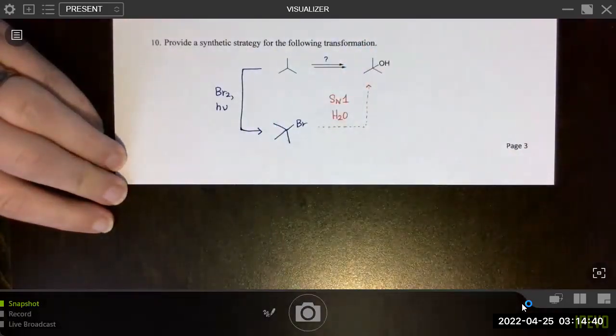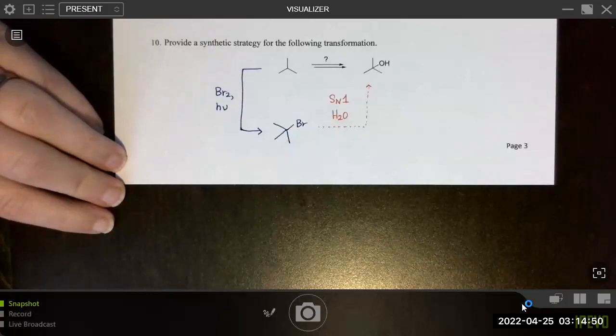Certainly possible, but remember, we try to avoid SN1 reactions if possible because they commonly compete with the E1 pathway, and we would get an alkene product as a mixture.